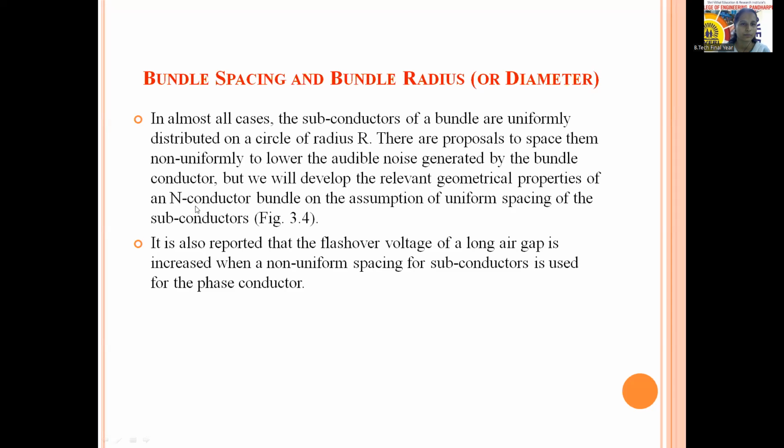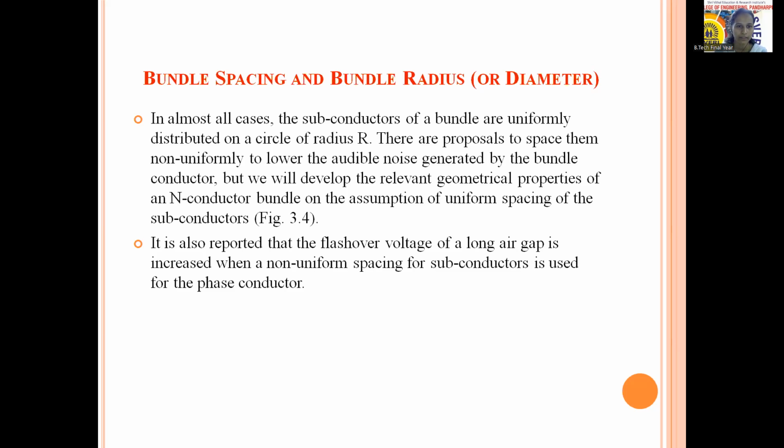In that, we are going to see bundle spacing and bundle radius, or we can say diameter. In almost all cases, the subconductors of a bundle are uniformly distributed on a circle of radius r. There are proposals to space them non-uniformly to lower the audible noise generated by the bundle conductors.